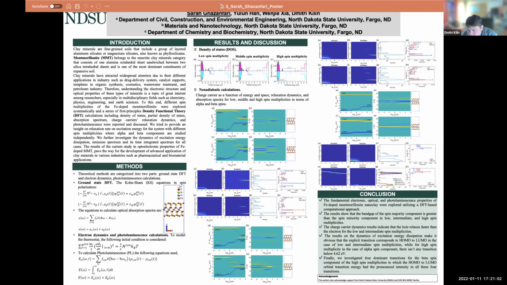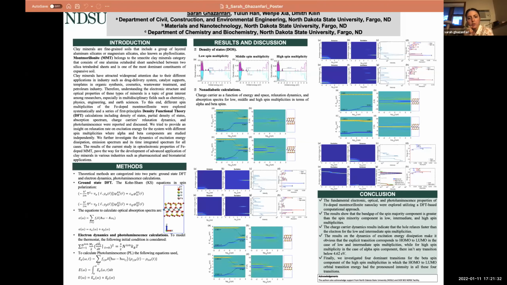Are there any comments or questions from Yulun? I guess maybe there are too many panels. Maybe just focus on high spin or use the low spin. And maybe you can add a table to summarize all other spin multiplicities.